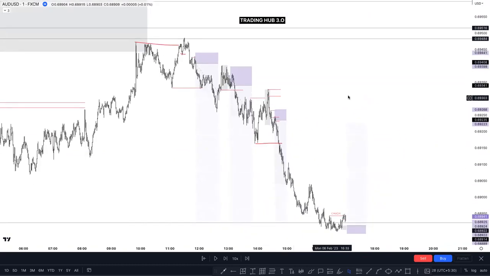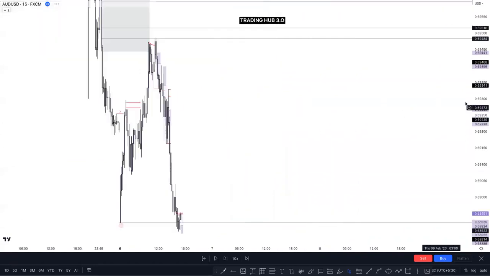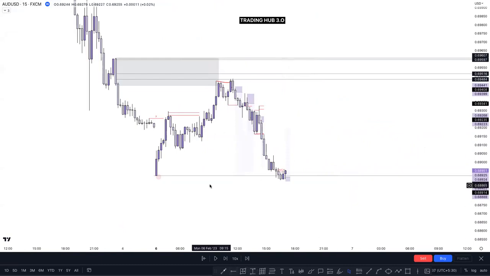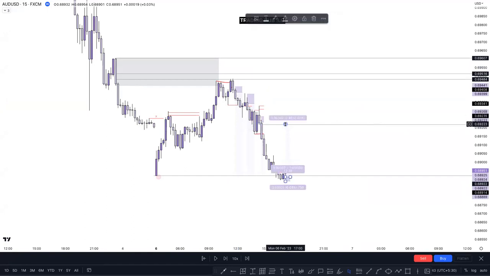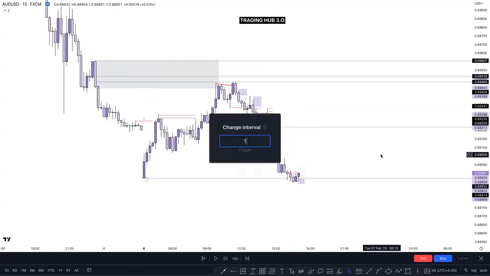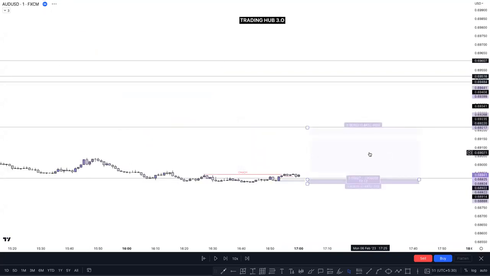Let me check again in the 15-minute time frame. This is our target at this point, right? So this is our target. Now again, switch to the 1-minute time frame to see exactly what is happening here.